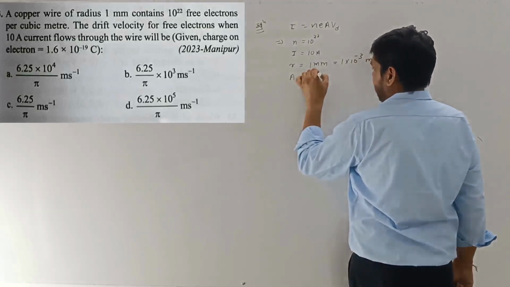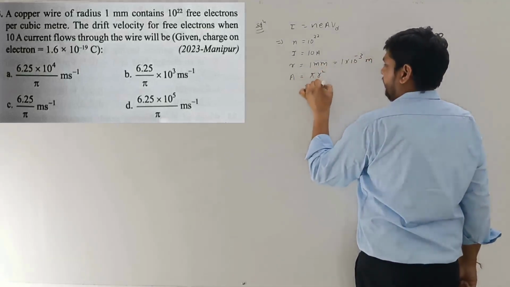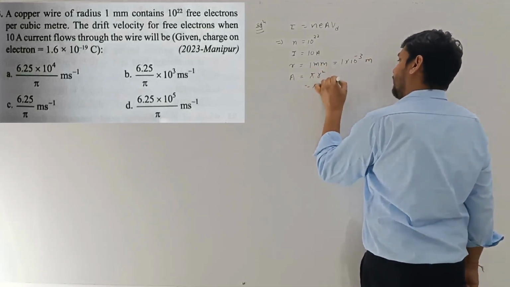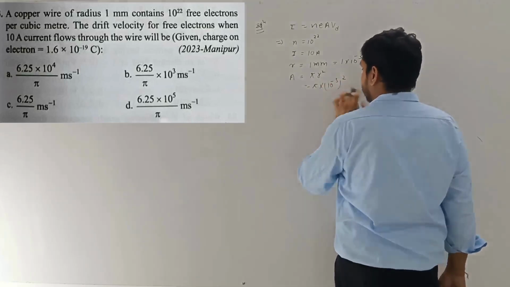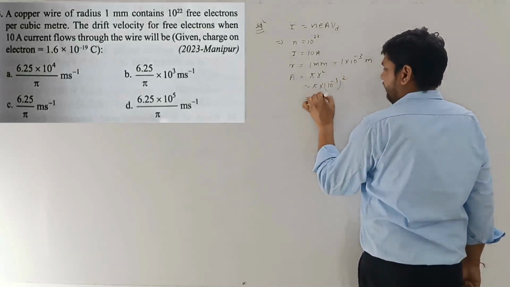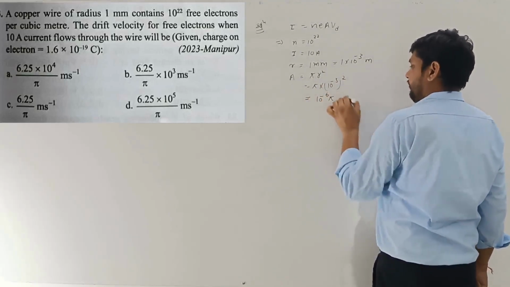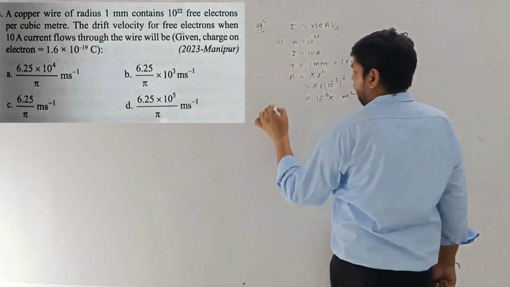So the area is pi r square, which is pi into (10 raised to power minus 3) square, that is 10 raised to power minus 6 pi meter square.